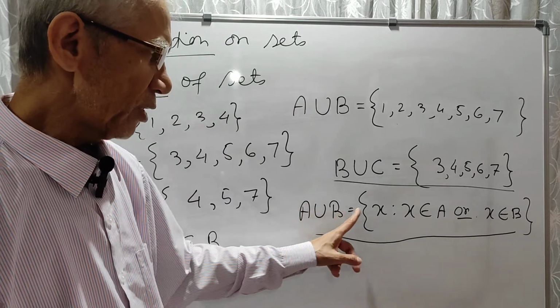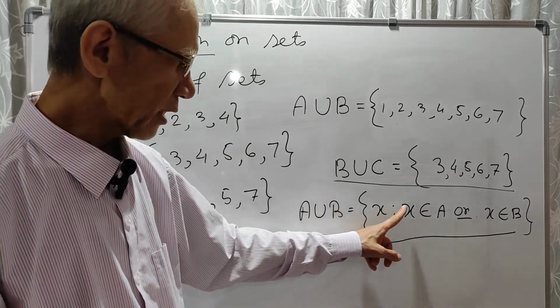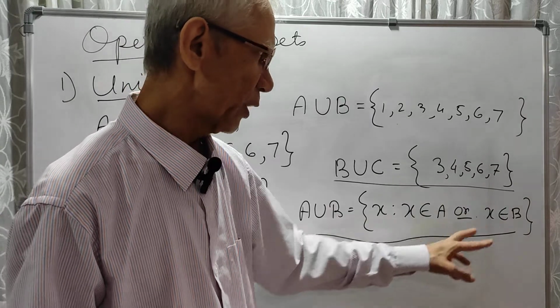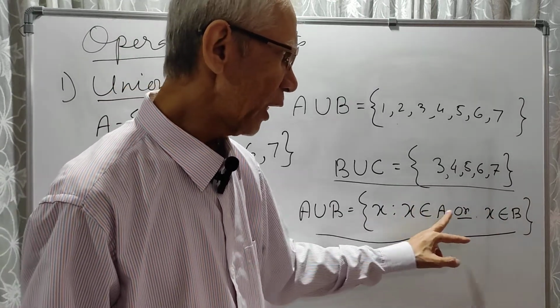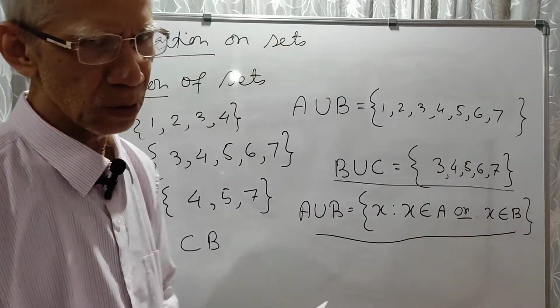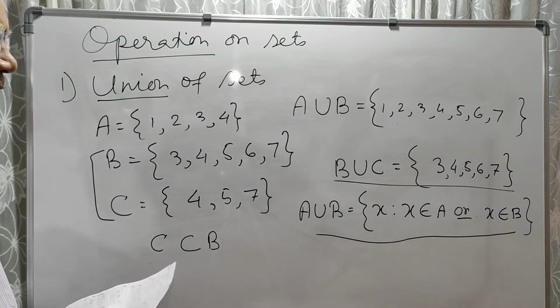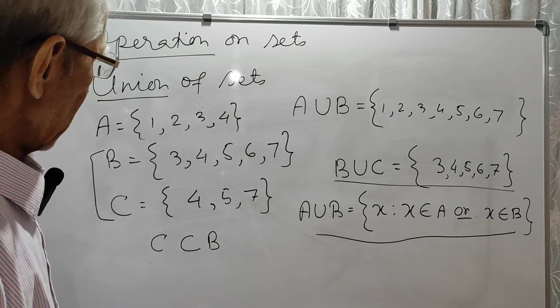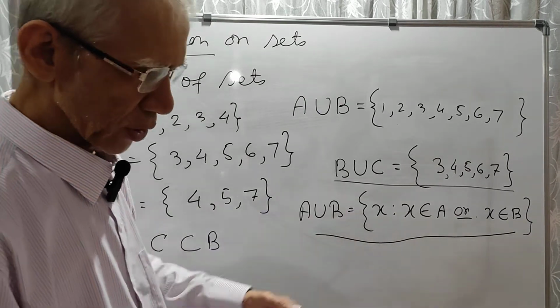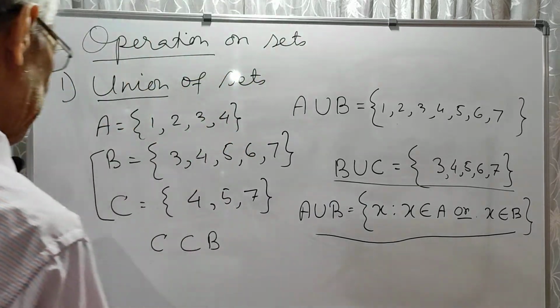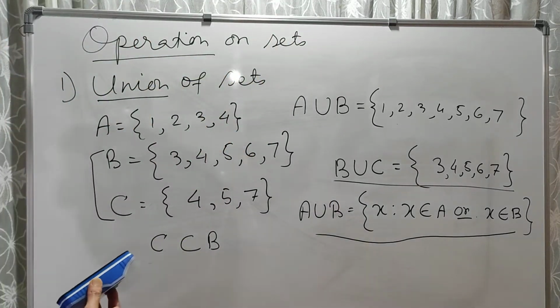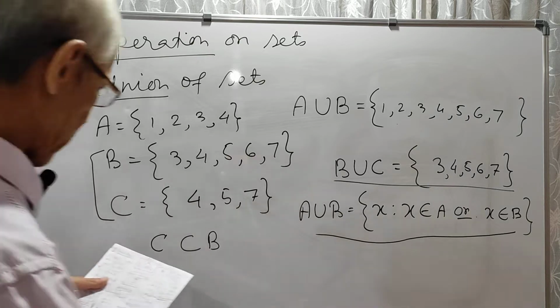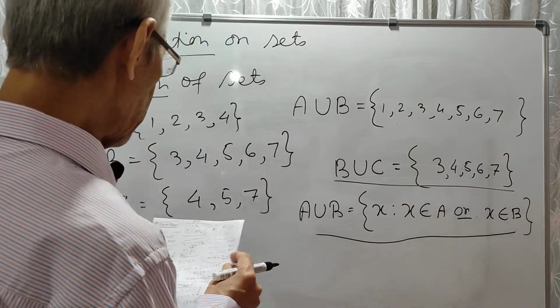That means X should belong to A or B, or it may belong to both. All right. So this is a general expression of a union of 2 sets.